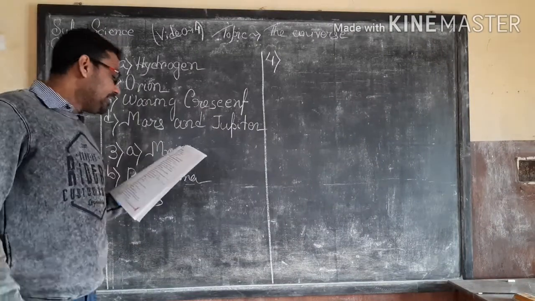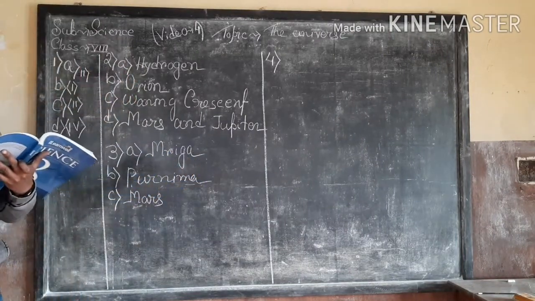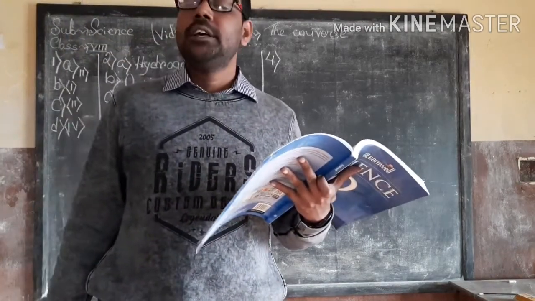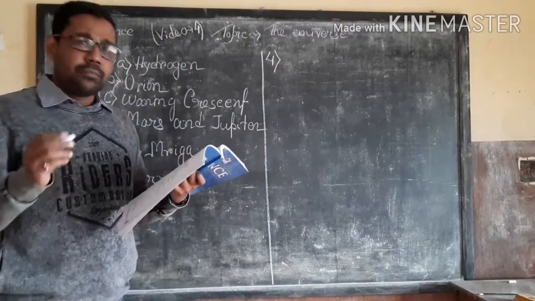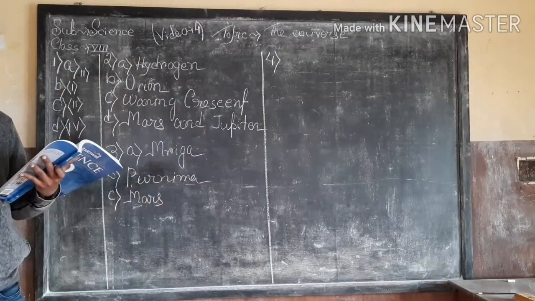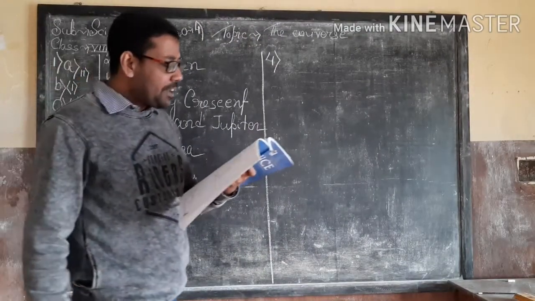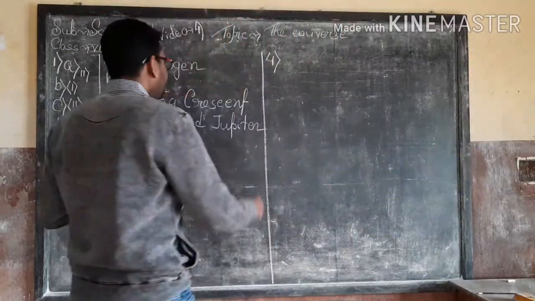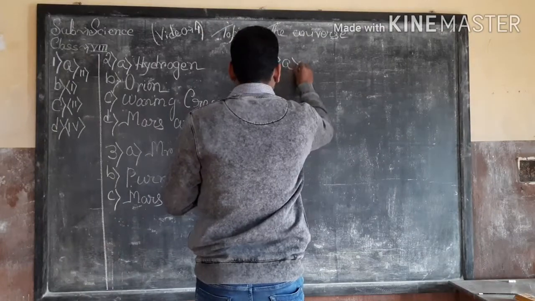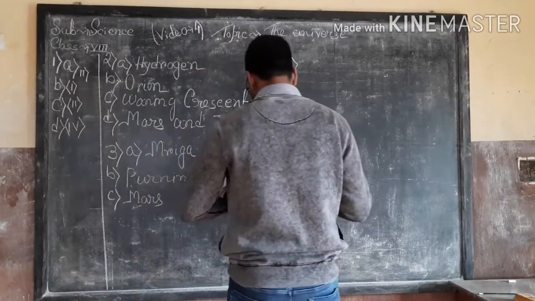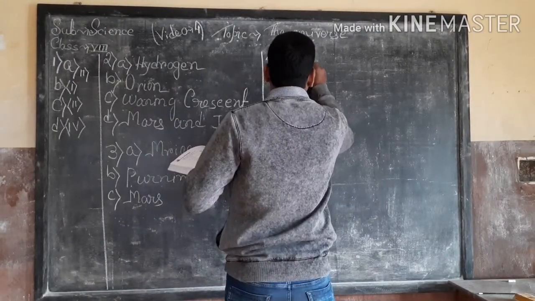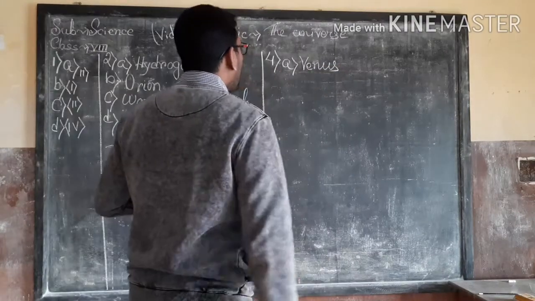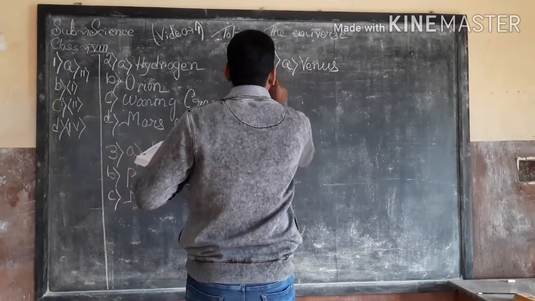The first statement given: Mars is called the morning and the evening star. It is wrong. In place of Mars, the right one is Venus. Venus is called the morning and evening star.